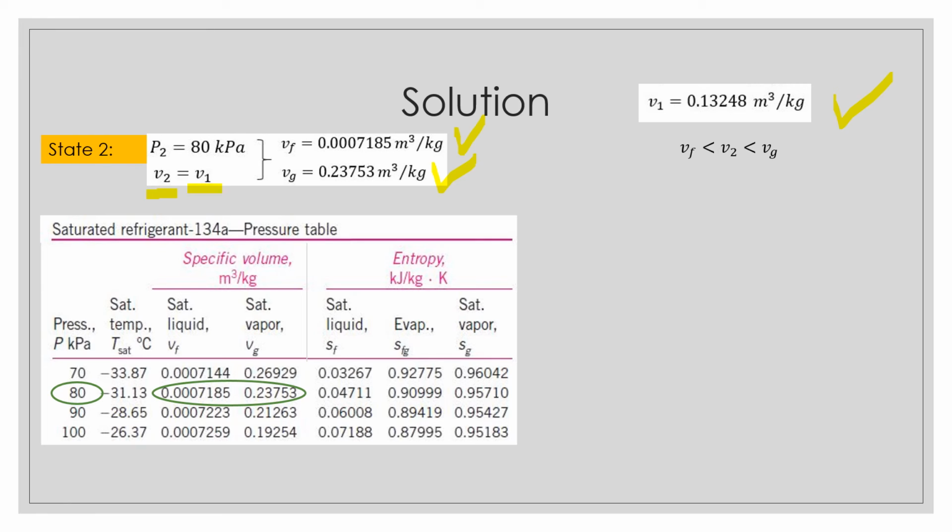We can conclude that if v2 is in the range of vf and vg, it falls in the mixture phase, so we need to determine x, the quality.